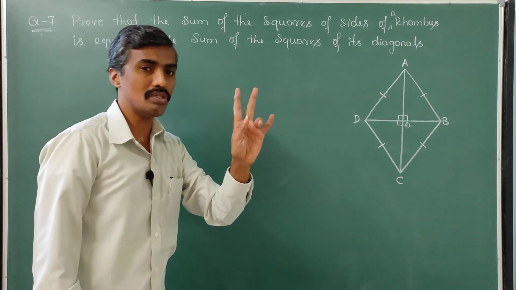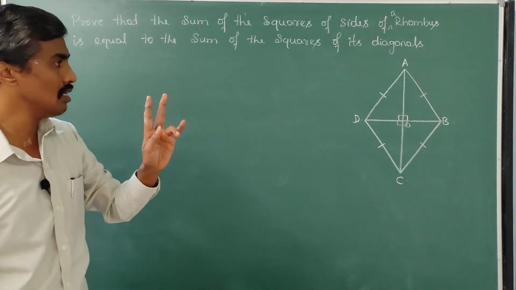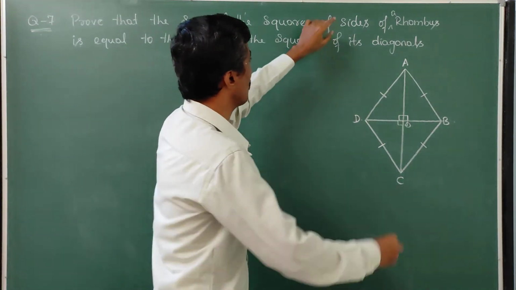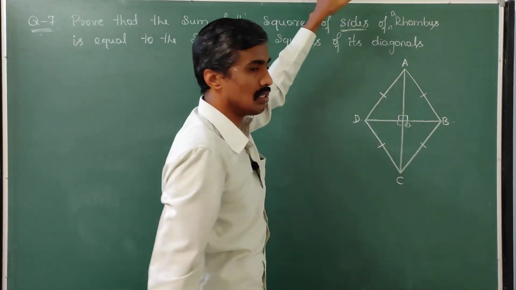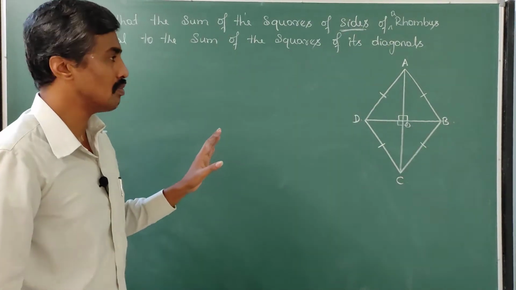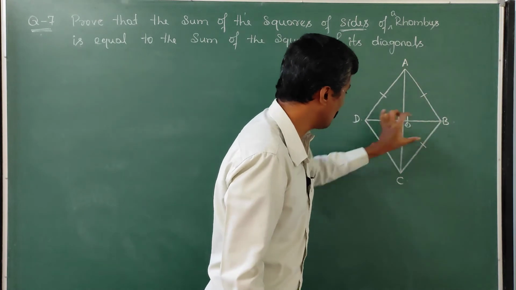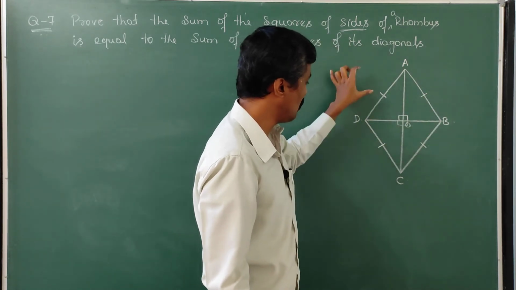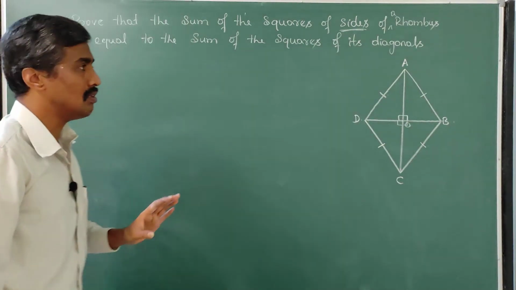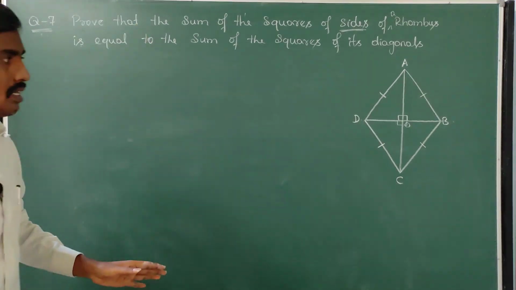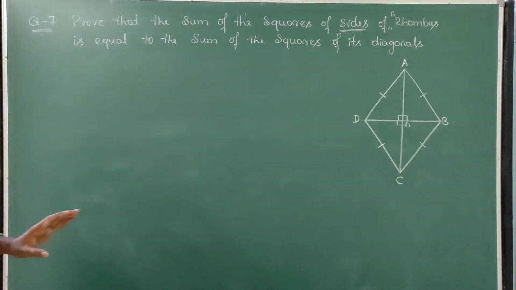So two important properties we are applying here. The first property is about the sides: all four sides are equal, AB, BC, CD and DA. Then the diagonals bisect each other perpendicularly.